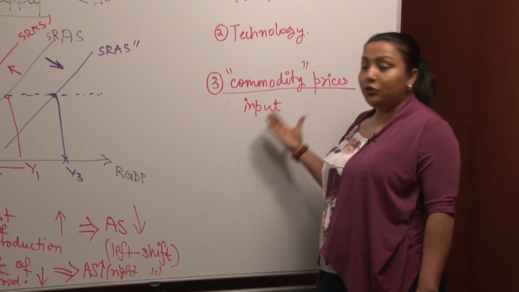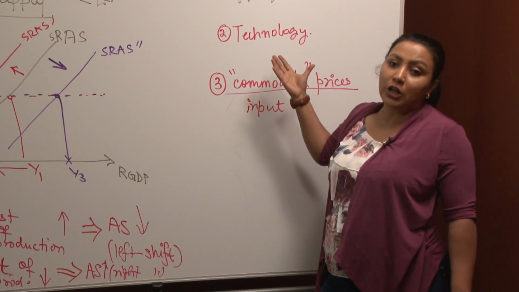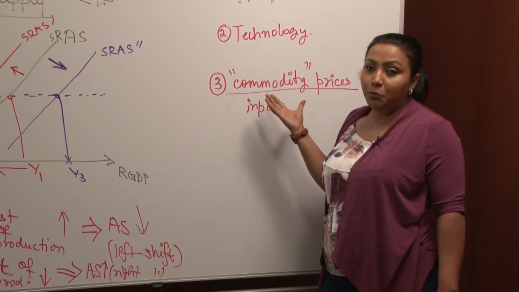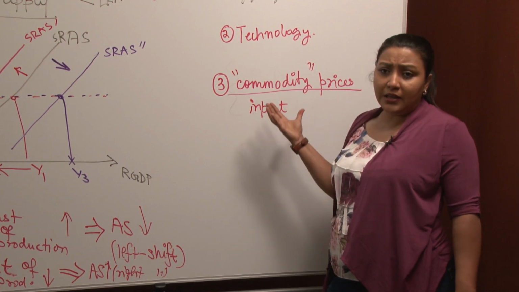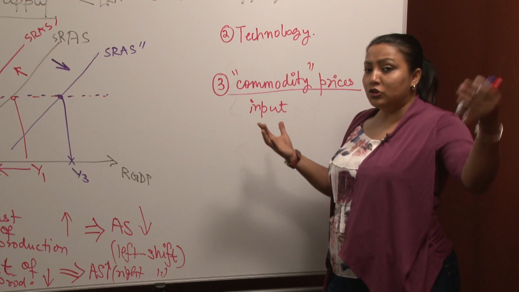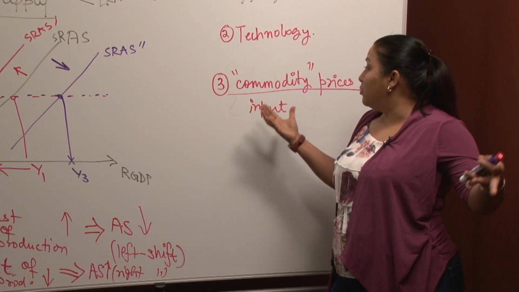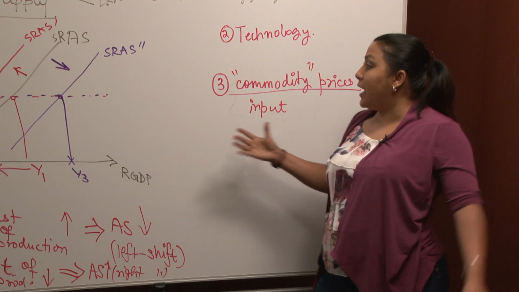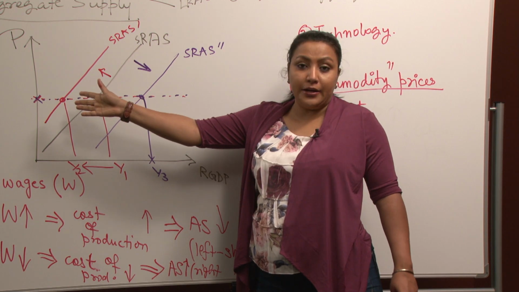If you have an increase in commodity prices, then that will take the cost of production up because you are spending more on inputs, and that will be a deterrent for producers to produce more. If cost of production goes up, most producers would produce less, so the aggregate supply would go down. As a result, you would see a left shift of the short run aggregate supply, similar to the red line.